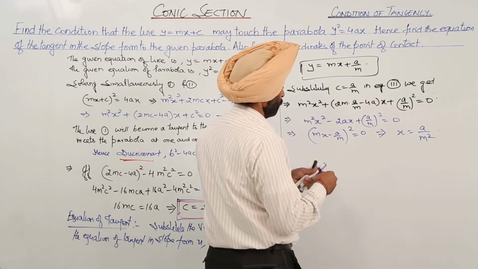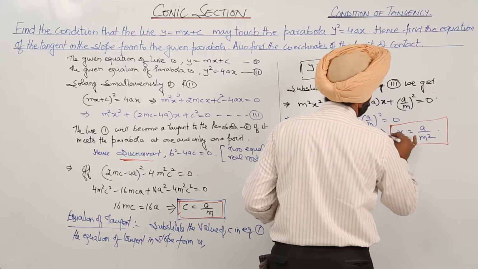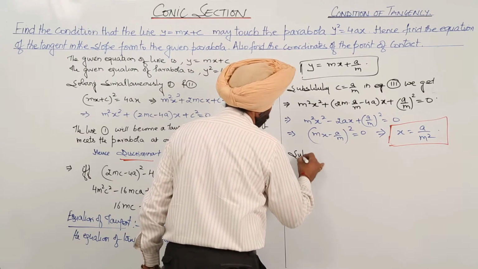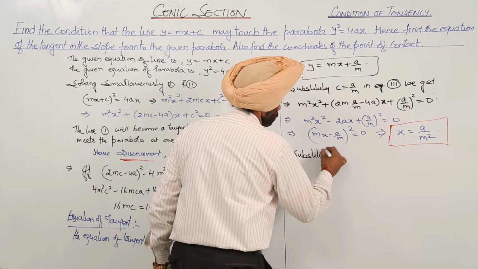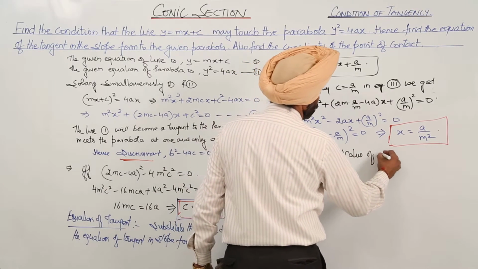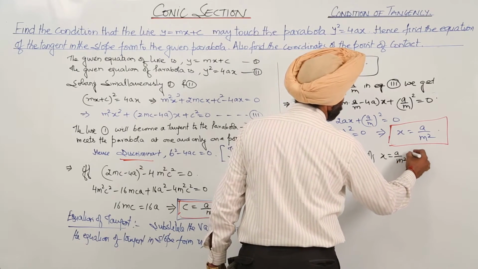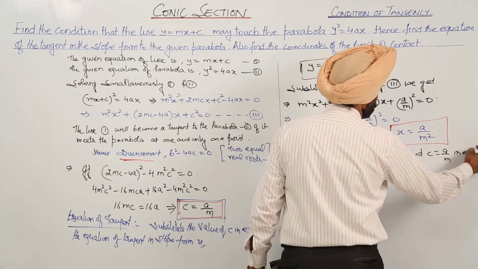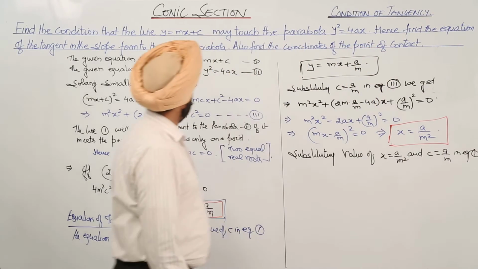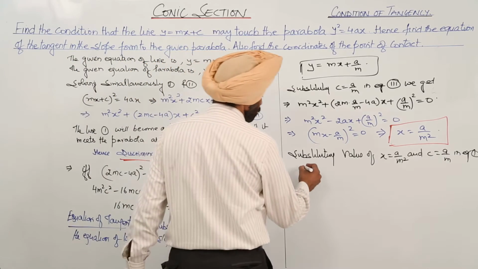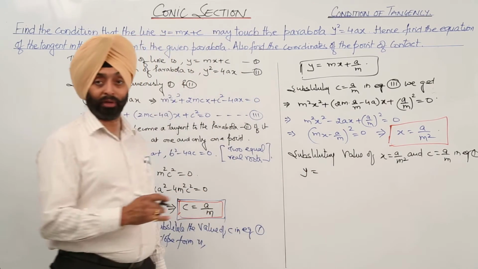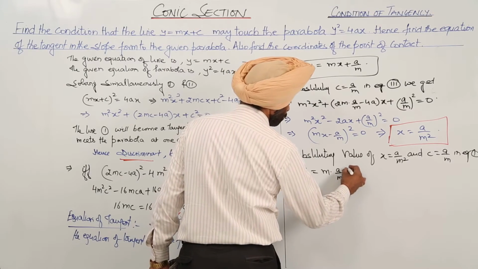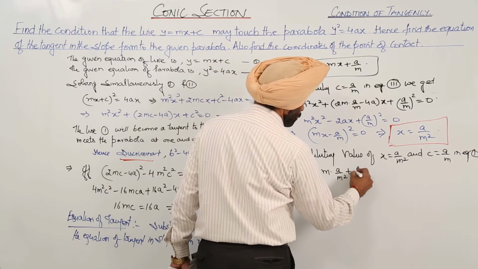One more thing we have got. Now substituting the value of x is equal to a upon m square and c is equal to a upon m in equation 1, what do we get? y is equal to mx plus c, so m times a upon m square plus c, where c is a upon m.